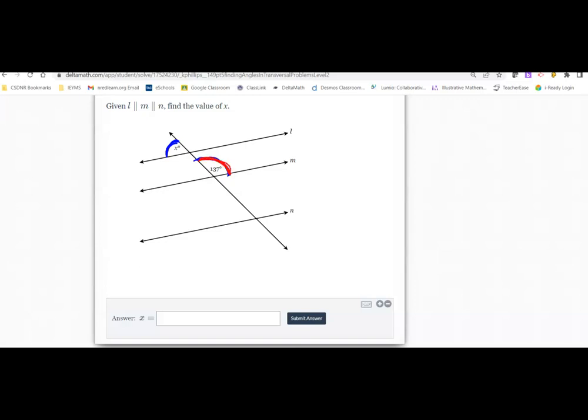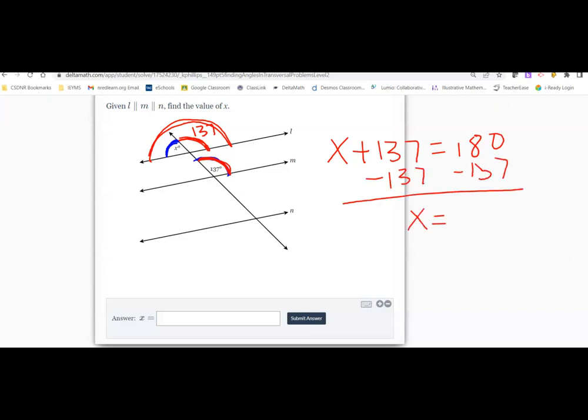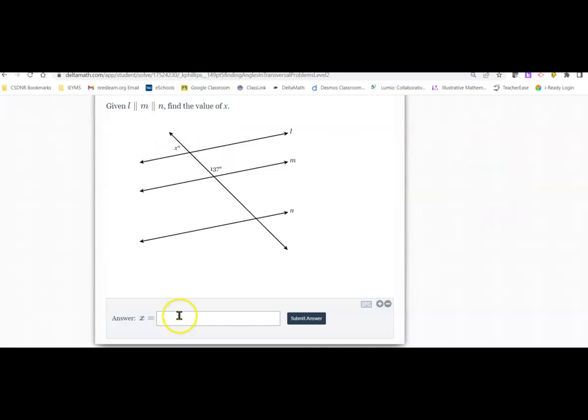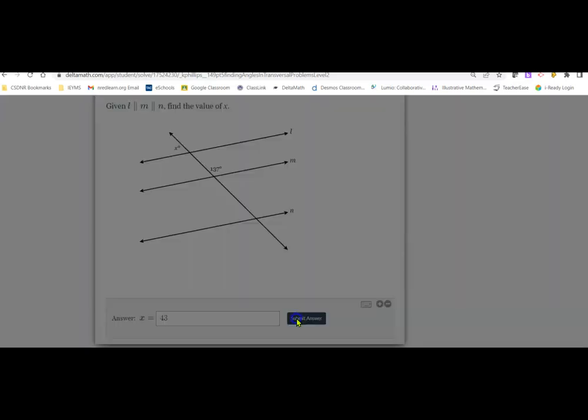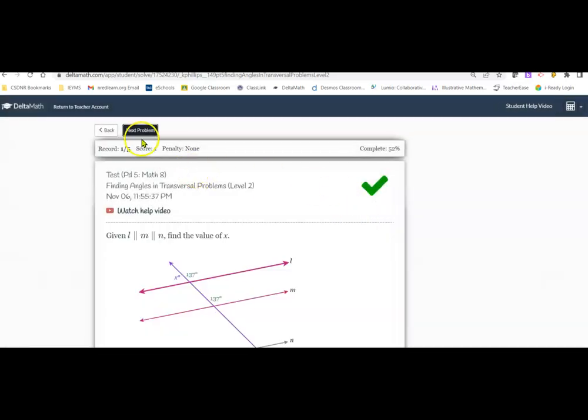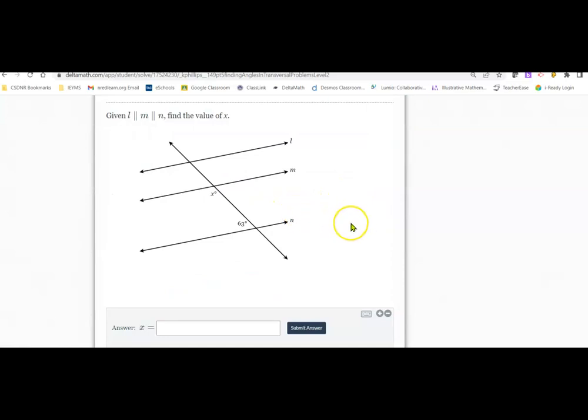But 137 is corresponding to this angle. So I can write 137 there, and then I can see that these two are supplementary. So I can subtract 137 from both sides and get my final answer. So the missing angle is 43 degrees. Now don't be scared by all these lines.